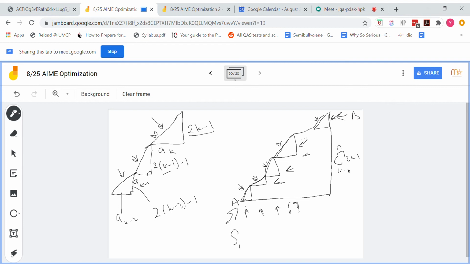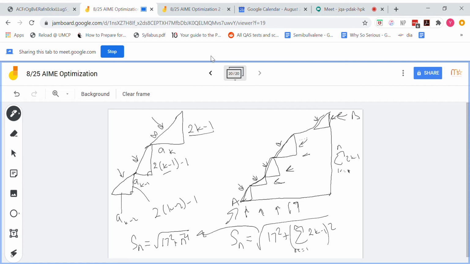And so therefore, S of n equals this length AB, and AB, we know from the Pythagorean theorem, is the square root of 17 squared plus the sum of 2k minus 1 from k equals 1 to n, whole squared. And this sum simplifies to, so this simplifies to S of n equals the square root of 17 squared plus n to the 4th.